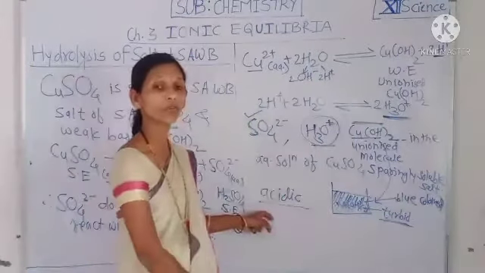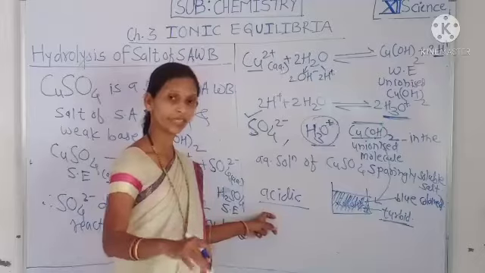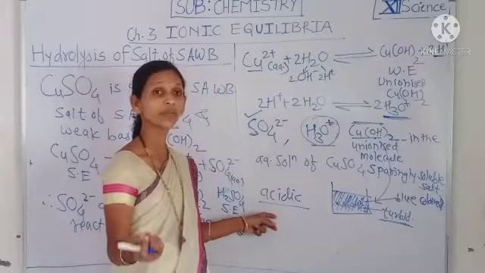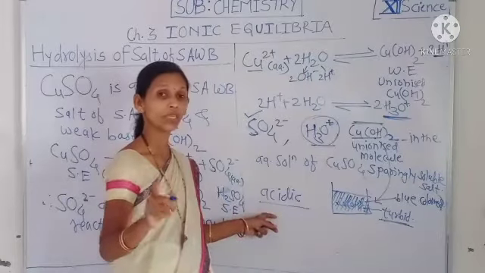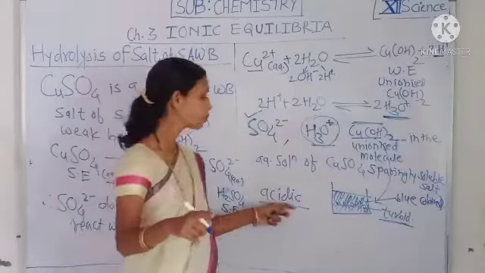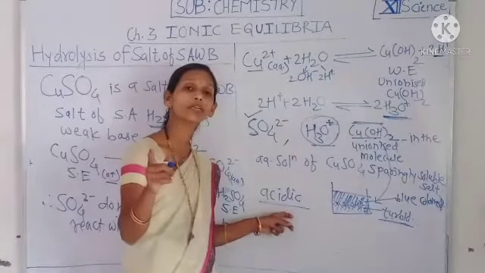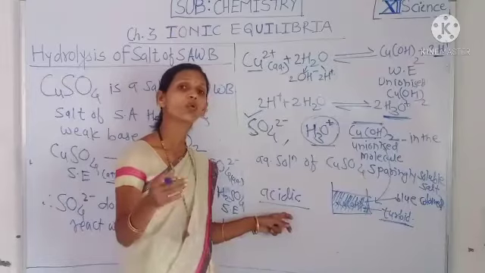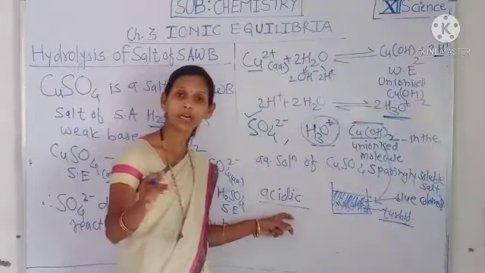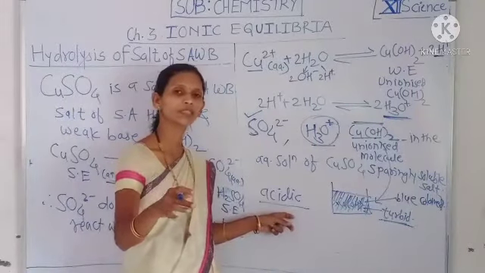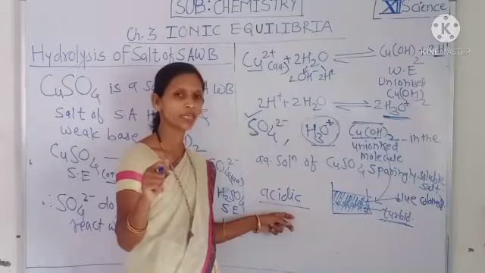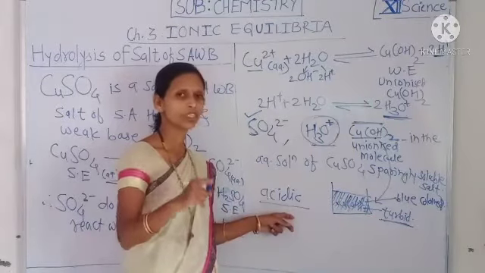All of you have studied the acidic, basic and neutral nature of the solutions of different types of salt. If the aqueous solution of a substance contains H plus ion or hydronium ion greater than the OH minus ion, then that solution is acidic. If it contains a greater number of OH minus ions than H plus ions, then that solution is basic.